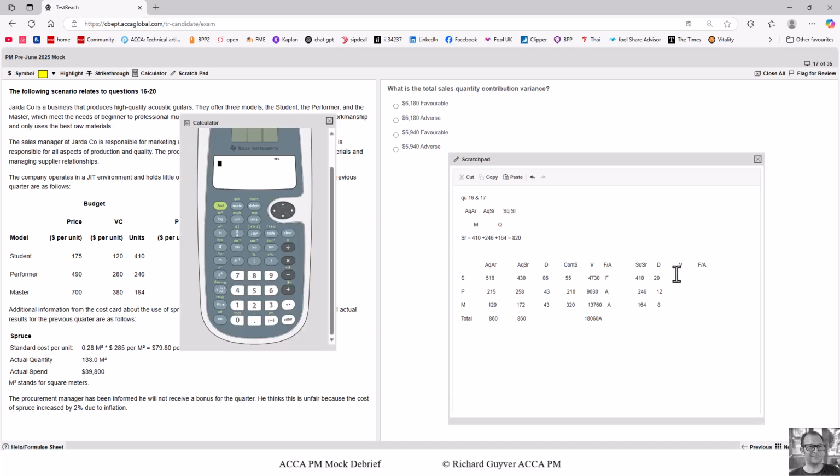So this time I'm multiplying the contribution of 55 by the variance of 20 is 1100. This time the contribution of 210 by 12 is 2520.